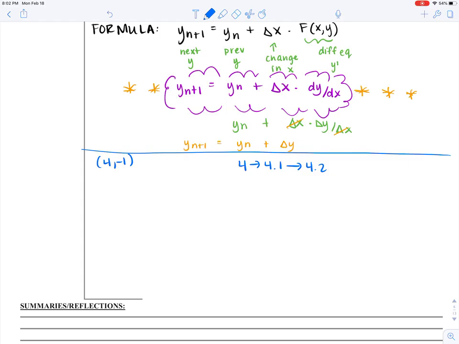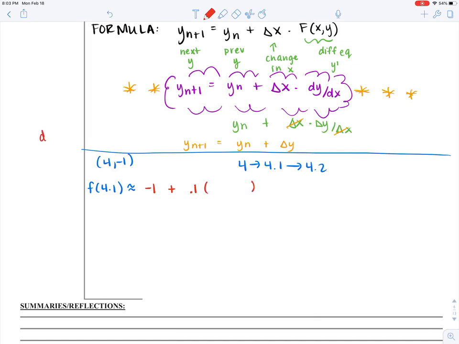So if I want to find f of 4.1, according to my formula, I want to take my previous y value, which is -1, plus delta x, which earlier we said delta x was 0.1, and I'm going to multiply it by dy dx.